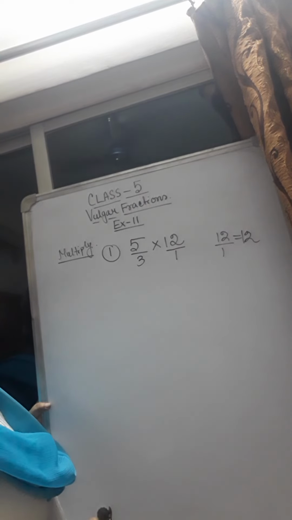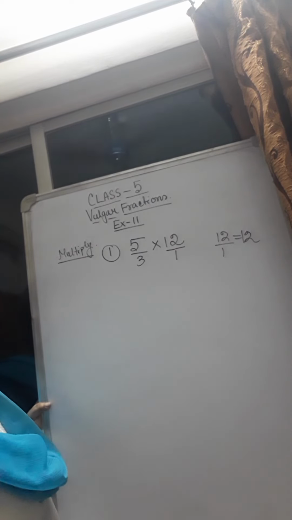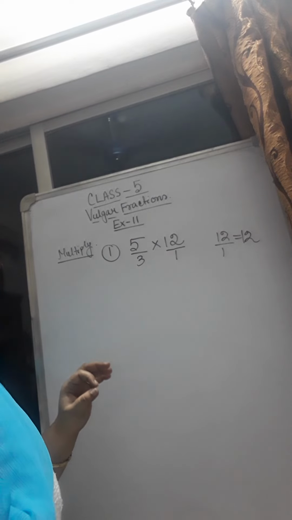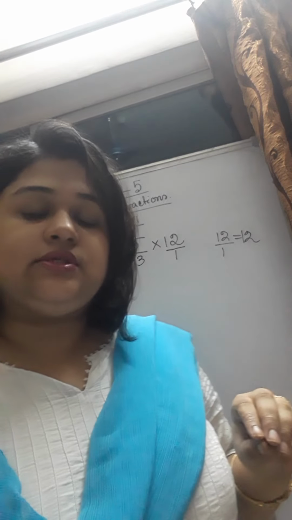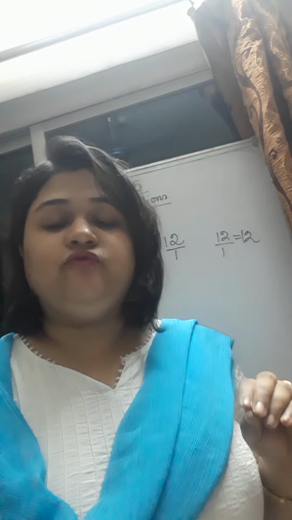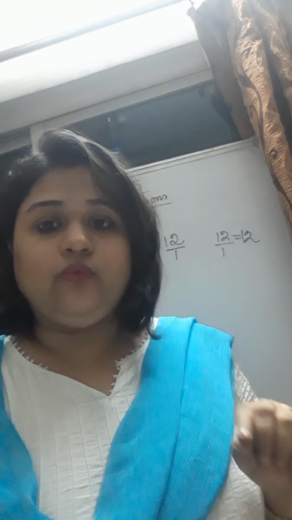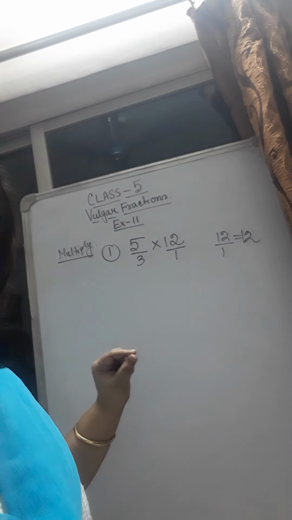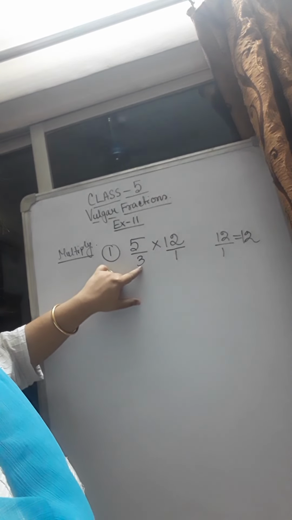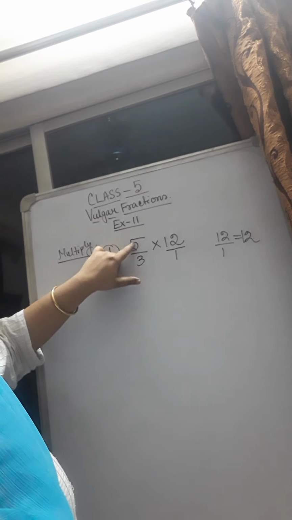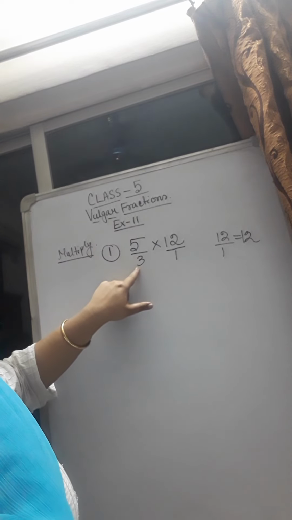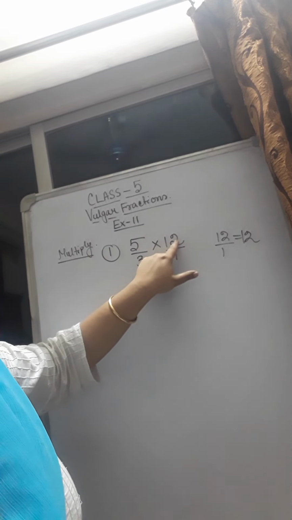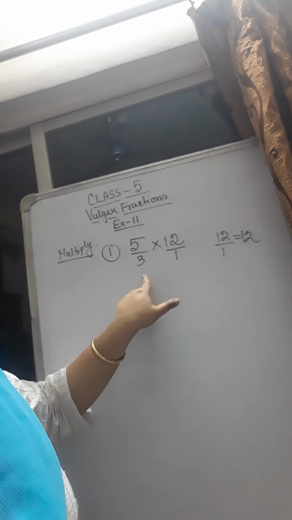Now what to do? In case of multiplication, we can cancel the numbers. Cancelling means the numbers which can be divided by the same number, we can cancel out. And how to cancel? What is the rule? Either you can cancel top down or you can cancel crosswise, but you cannot cancel sideways.